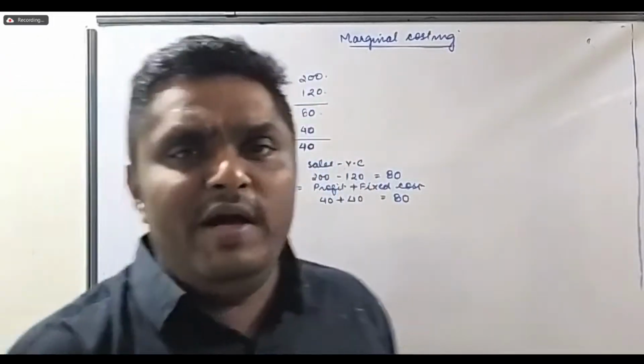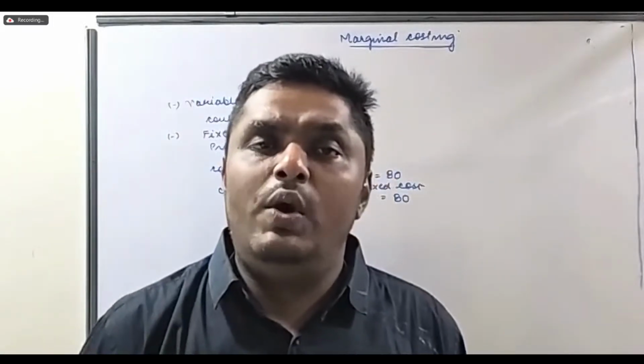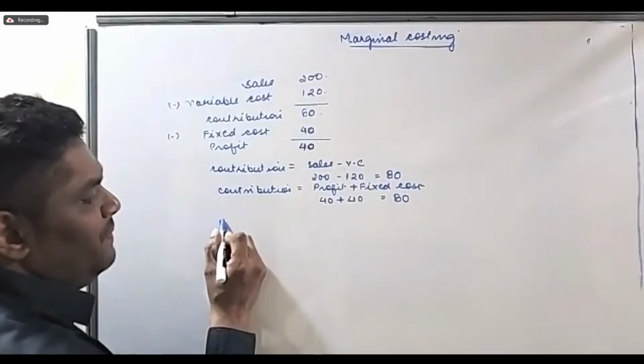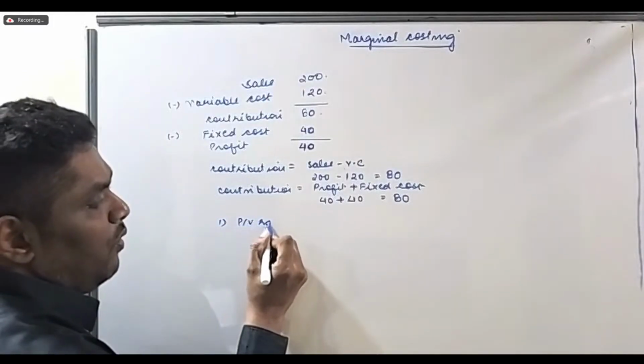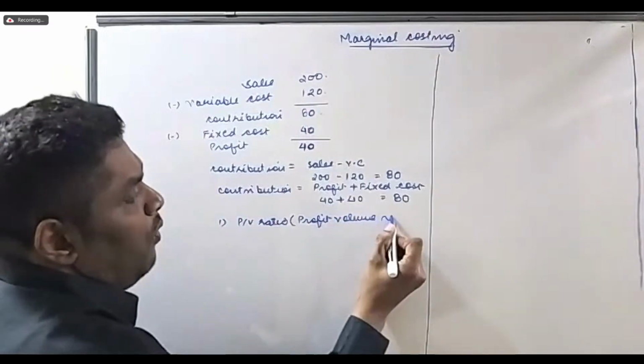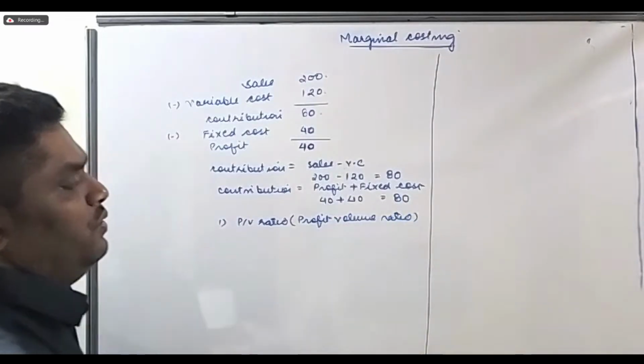Now, the first question the examiner is going to ask you in this chapter is PV ratio, the profit volume ratio.